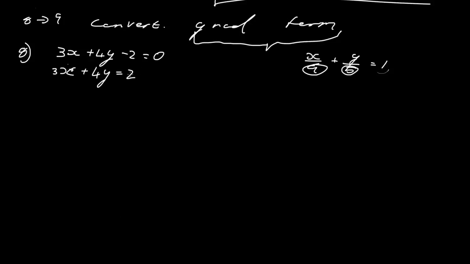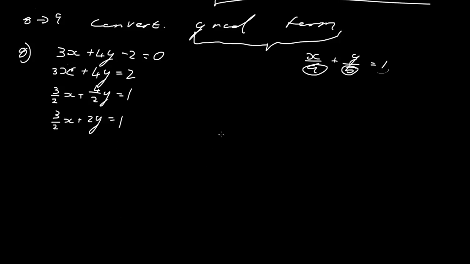This needs to be a 1. So how are we going to get that? We can just divide the whole equation through by 2. So 3 over 2x plus 4 over 2y equals 1. Okay, so now we've got our 1 on the right hand side like we wanted. Then let's just simplify this a bit. 3 over 2x plus 2y equals 1.